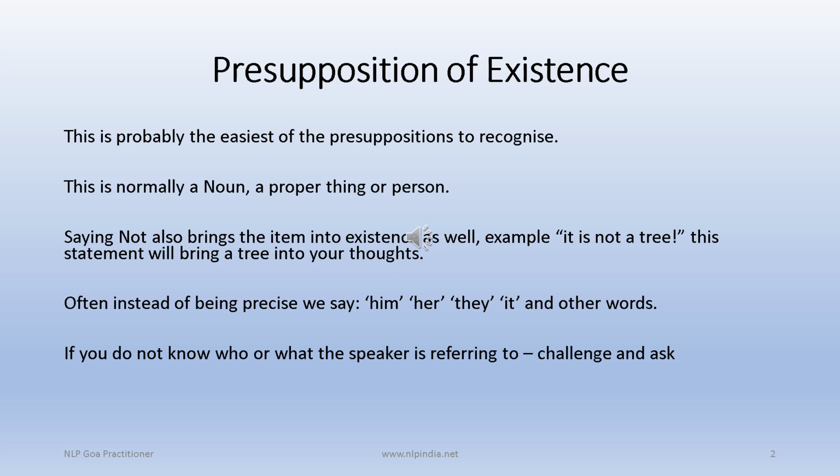This statement will bring a tree into your thought. Often, instead of being precise, we say him, her, they, it, and other words. So if you do not know who or what the speaker is referring to, challenge and ask. Don't always assume.